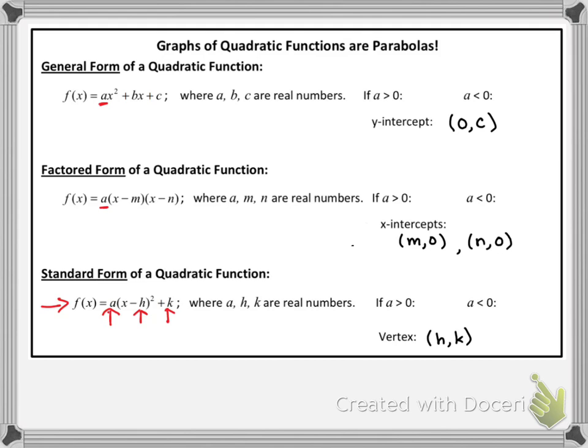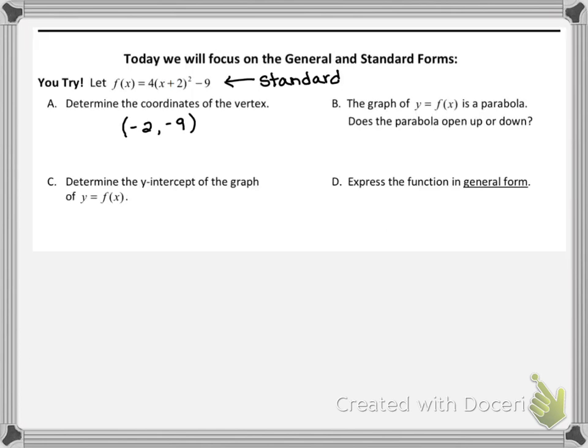That's why our vertex is (h, k), because the vertex of the x squared function is (0, 0). If you move to the right h units, then your x coordinate becomes h. And if you move up k units, then your y coordinate becomes k. So that's really all standard form is, just that transformation of the x squared function.